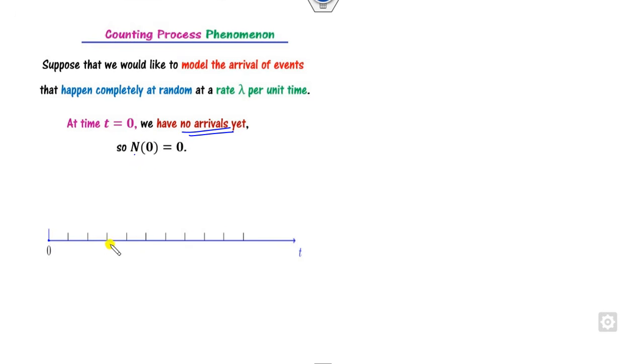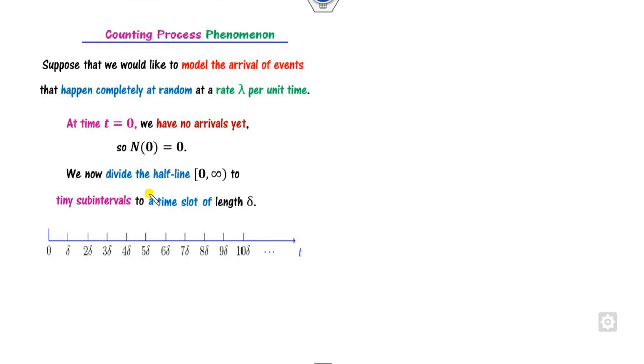We discretize the real line into small intervals of size delta, then 2 delta and so on. We divide the half line, that is 0 to t, into tiny subintervals where delta is a very small number. Consider the kth interval, which can be written as ((k minus 1) delta, k delta).